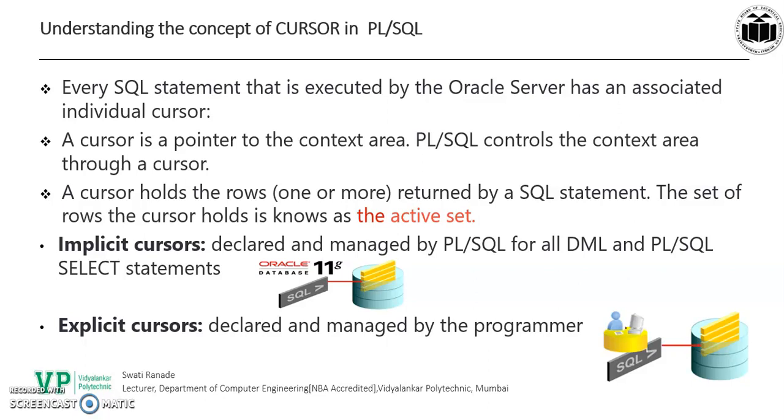There is a need for explicit cursors because implicit cursors have some limitations. Implicit cursors have no names, so the user cannot control or manage these types of cursors.